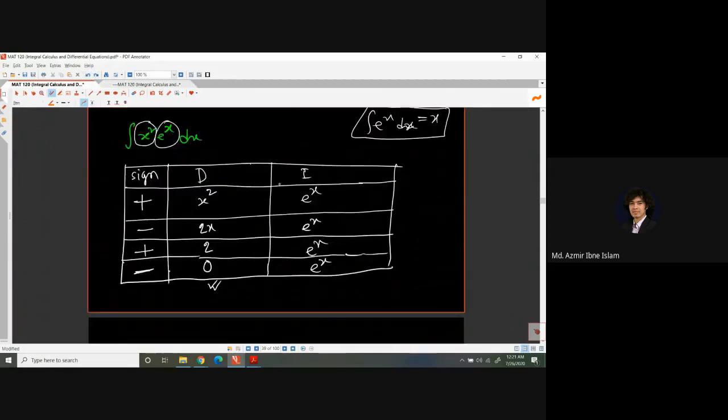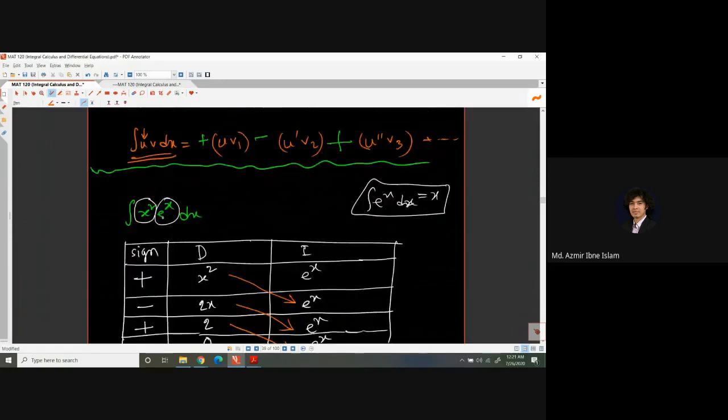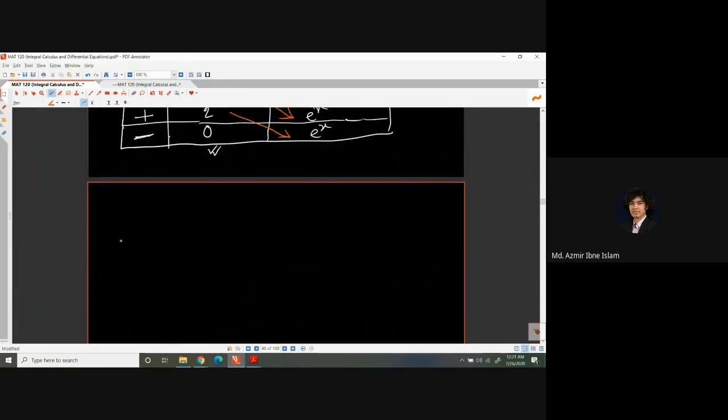So let's do the same thing here. This part will correspond with this one, this one will correspond to this one, and 2 will correspond with the last one. So that means the integration of x squared e to the power x can be written this way.